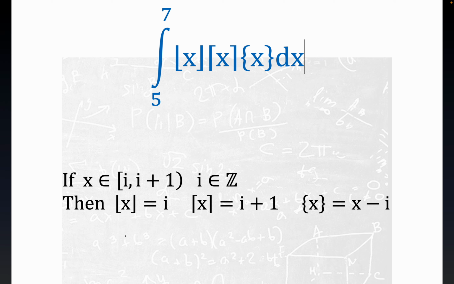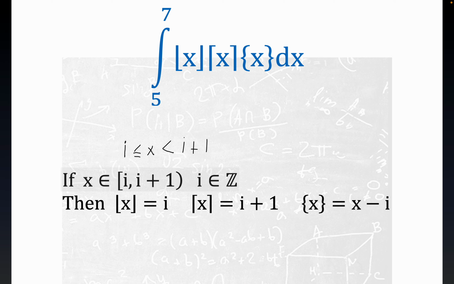So let's take a look here: we have x trapped between two integers, I and I plus 1, and what this means is that I, an integer, is less than or equal to x, which is strictly less than I plus 1.